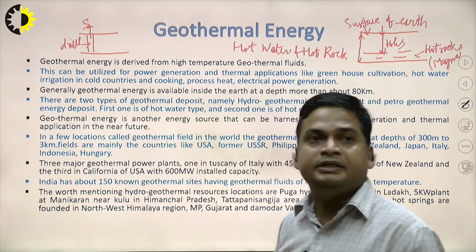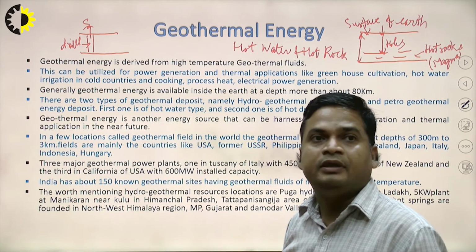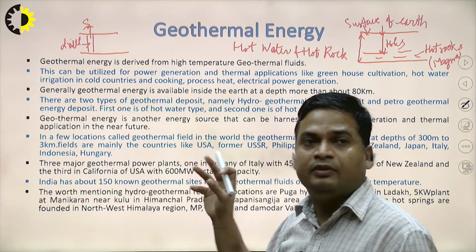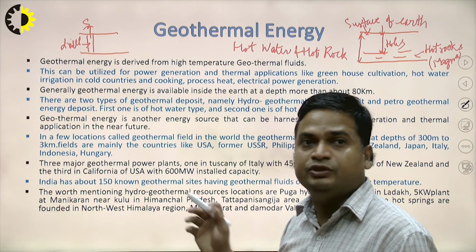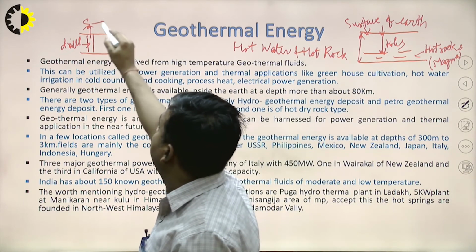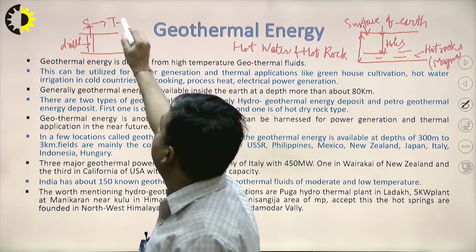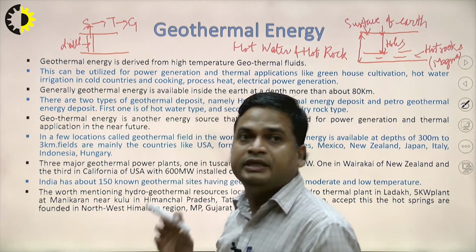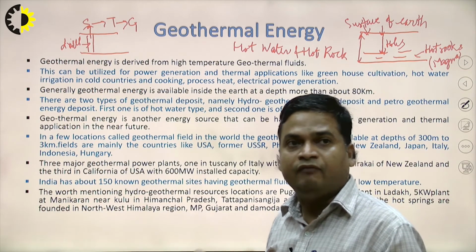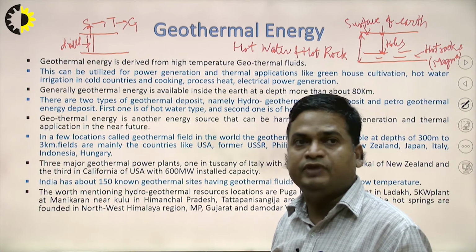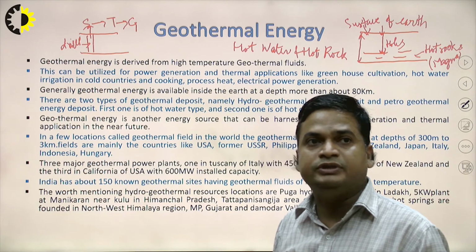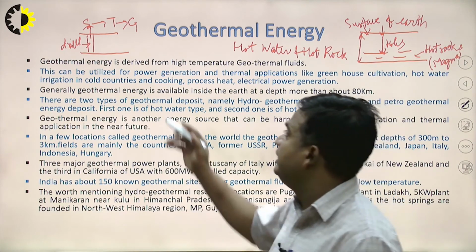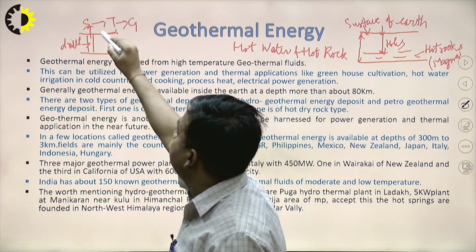This energy is transferred to the turbine, and the steam, or the energy, is used to run the turbine, and the turbine is used to run the generator. After the turbine, the pressure of the steam is reduced, and we can use the cooling tower to convert that steam into liquid form.